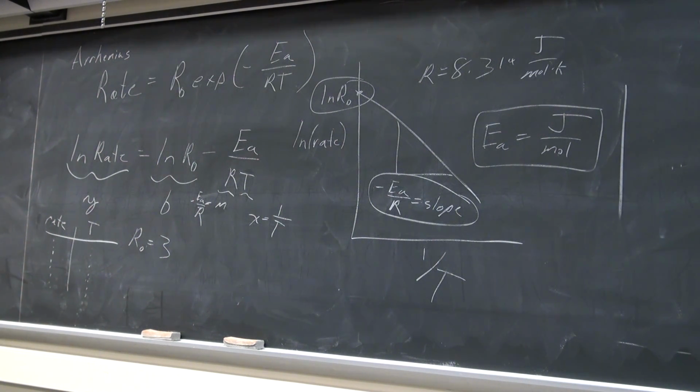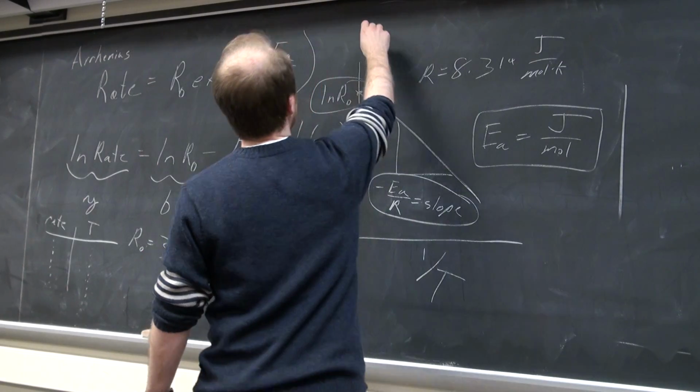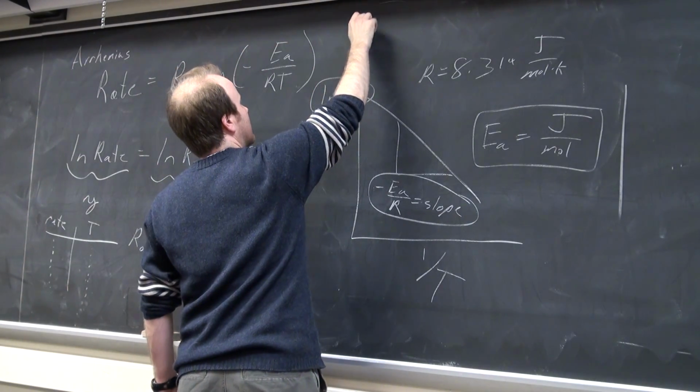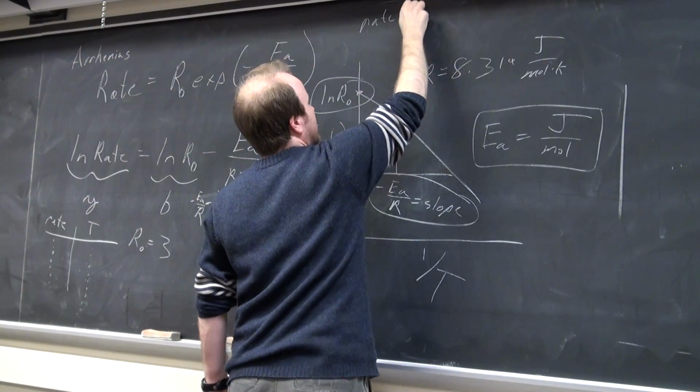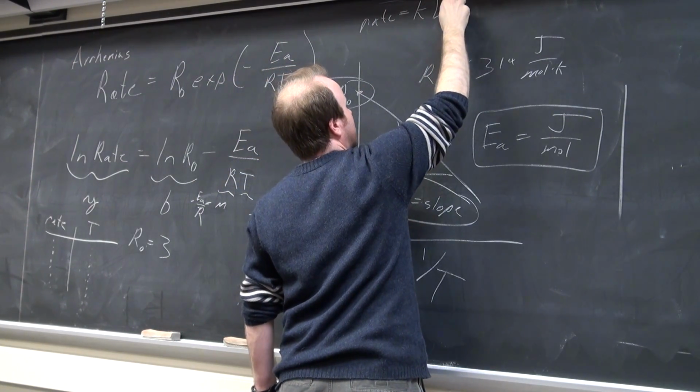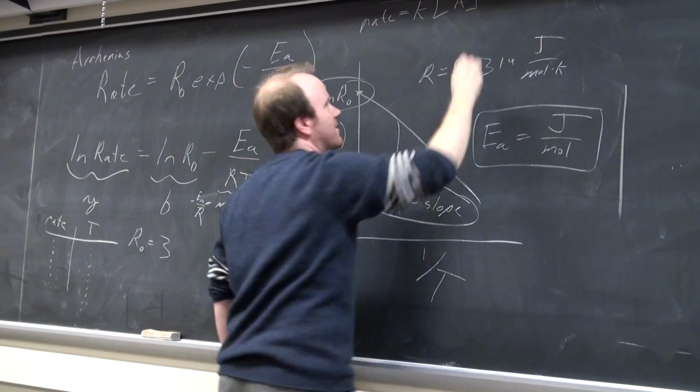What are the units on rate constant? Or what are the units on a rate? Rate is k for first order, right?